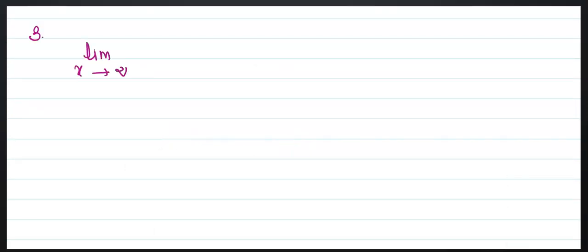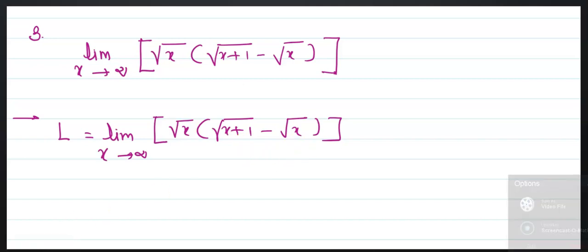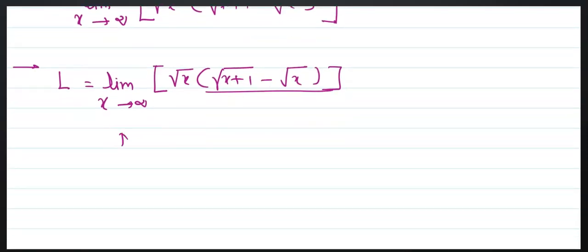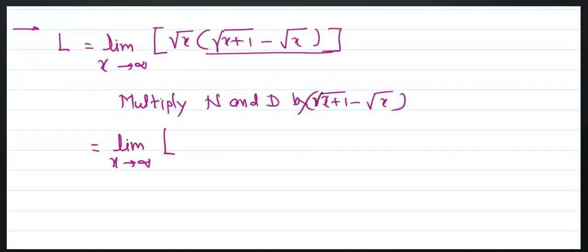Number 3, limit x tends to infinity, root of x plus 1 minus root x. Now here we will multiply the numerator and the denominator by the conjugate of this, the plus sign must be there.